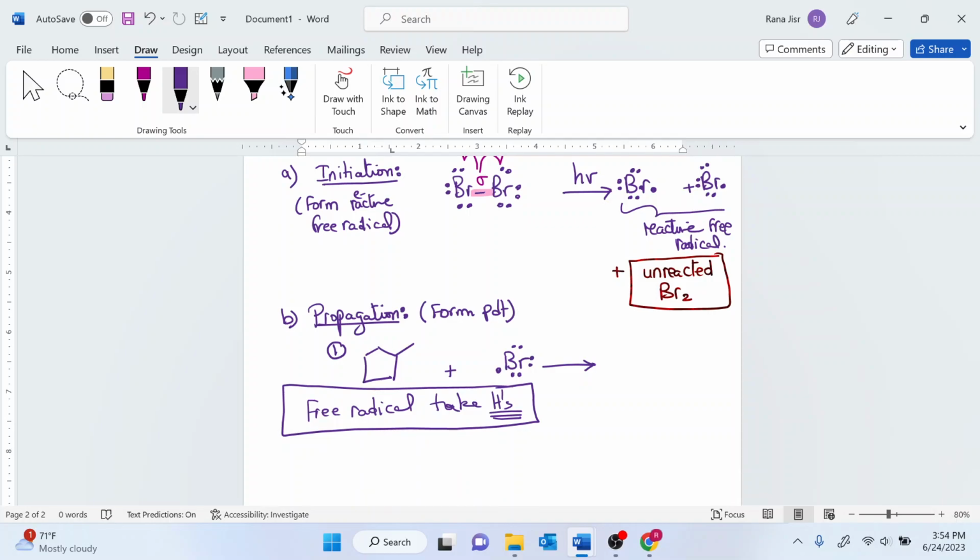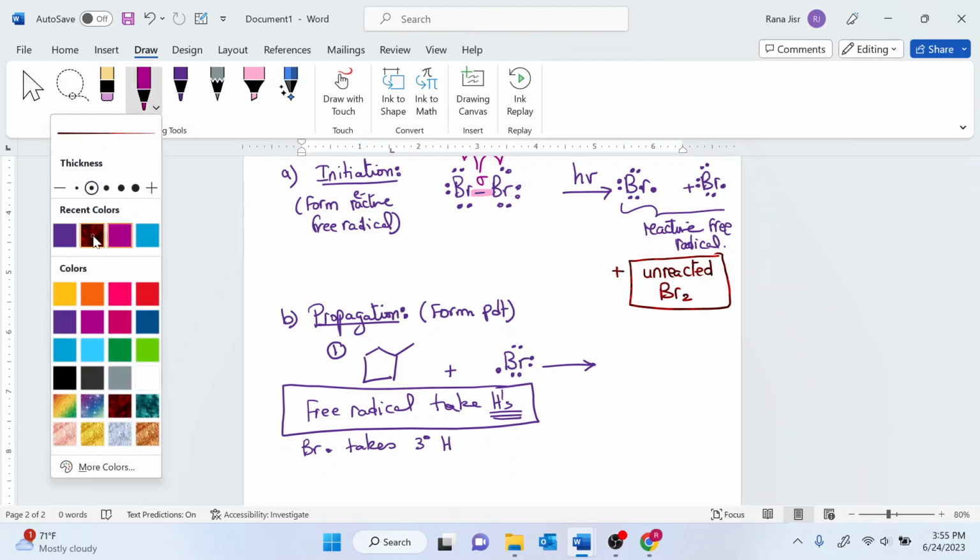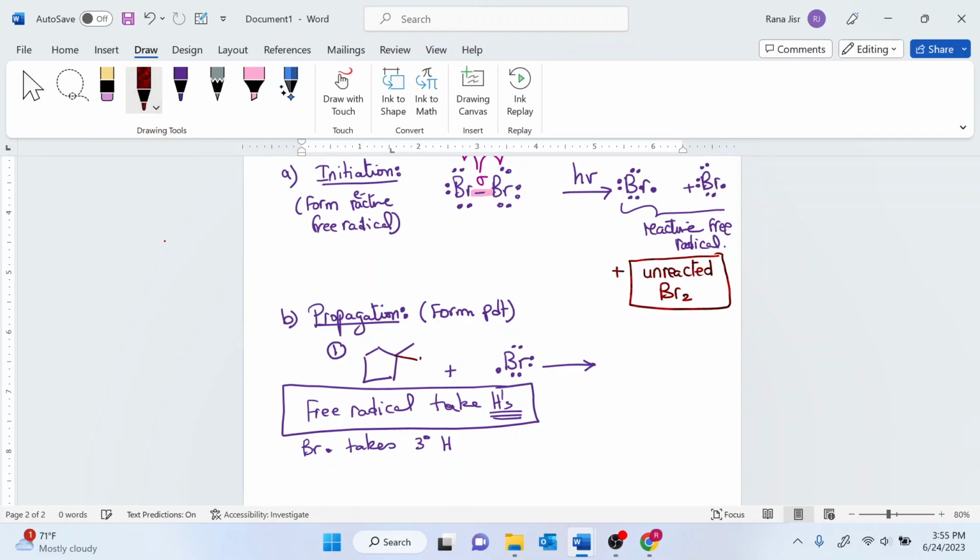With a bromine, because a bromine is selective, the bromine free radical is going to take the most stable hydrogen, which in this case is the tertiary hydrogen. So let's go ahead and label that tertiary hydrogen over here. And that is going to be our only hydrogen that the bromine free radical is going to take.